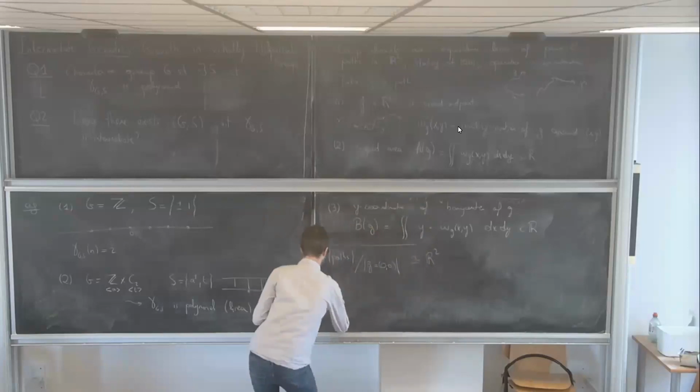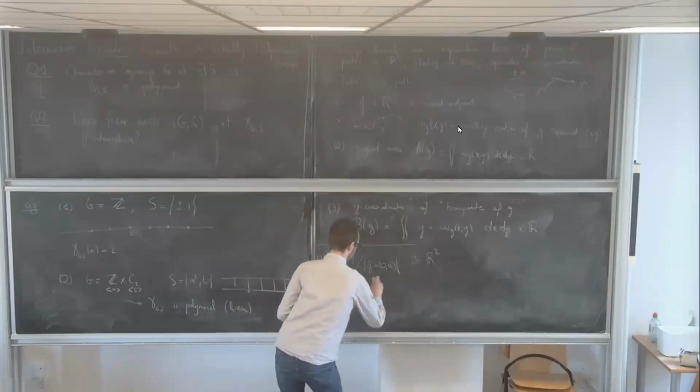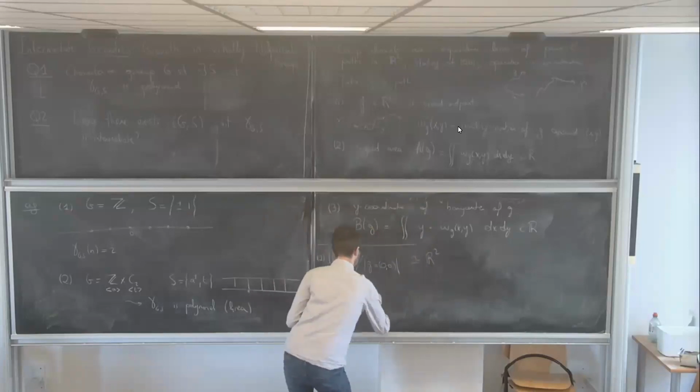The second one is: you quotient by, first, the endpoint being 0, 0, and also the area.